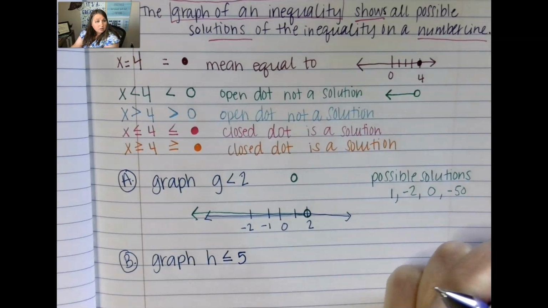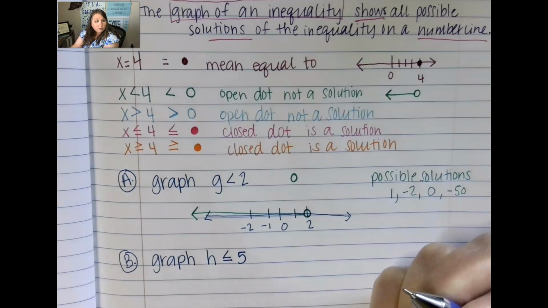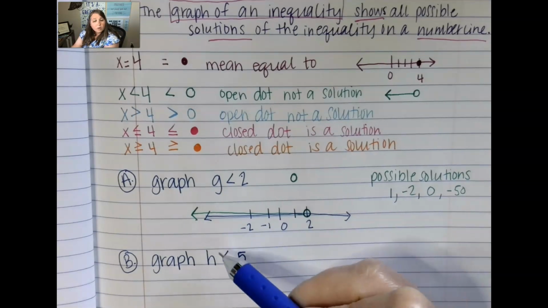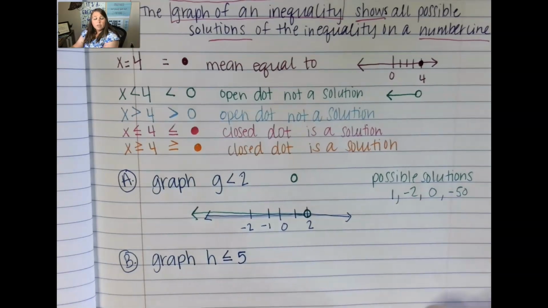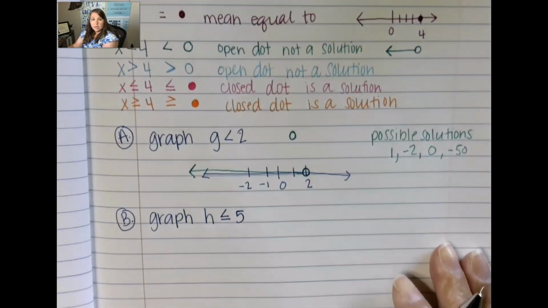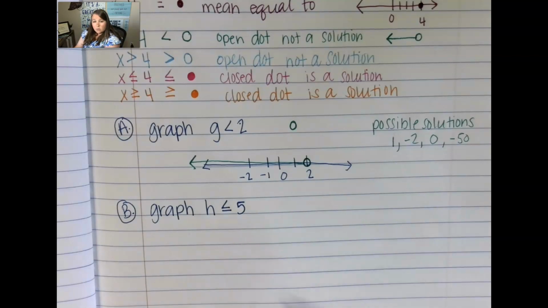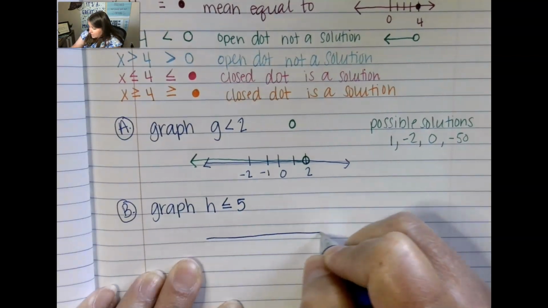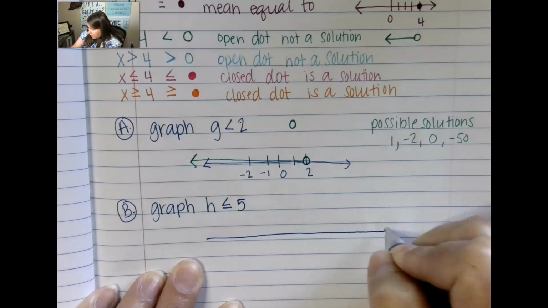H is less than or equal to 5. Okay, another important thing is that your letter should always come first. So we'll do an example that shows when the letter doesn't come first. Okay, so we're going to graph this. This says H is less than or equal to 5.